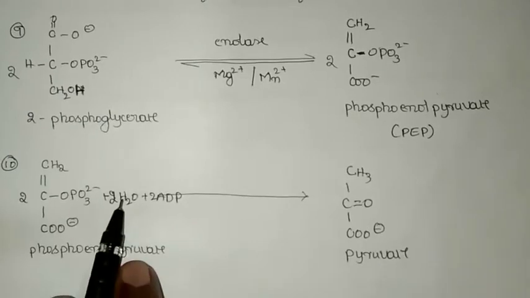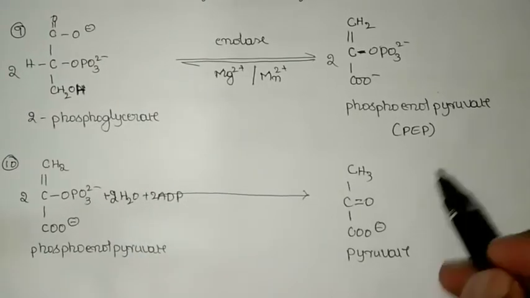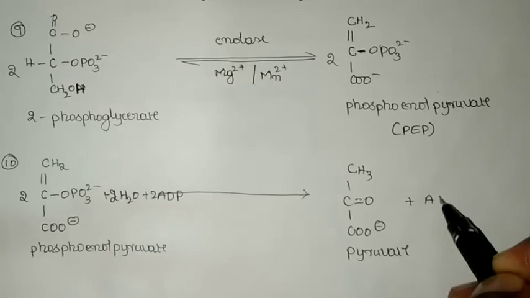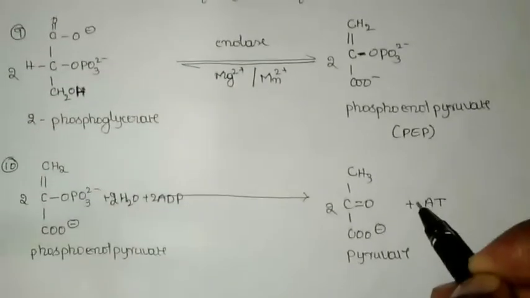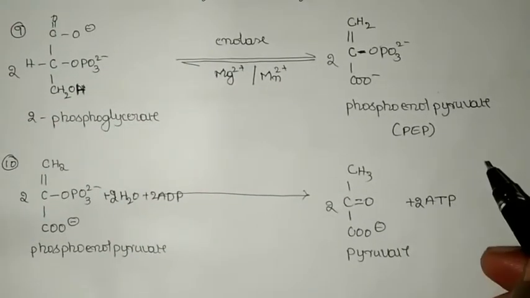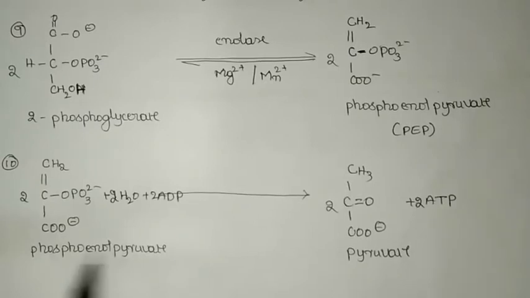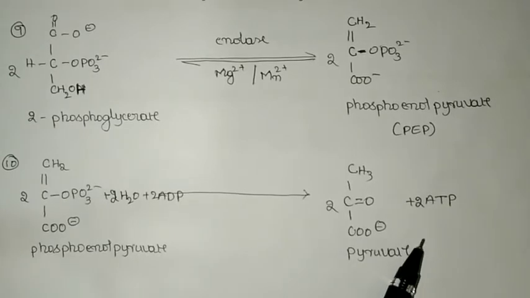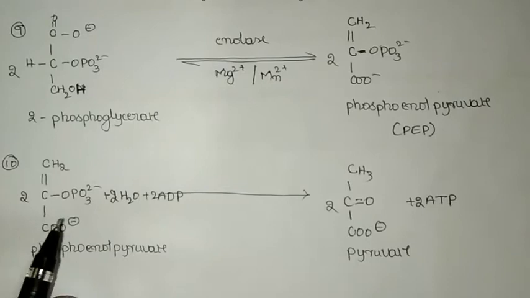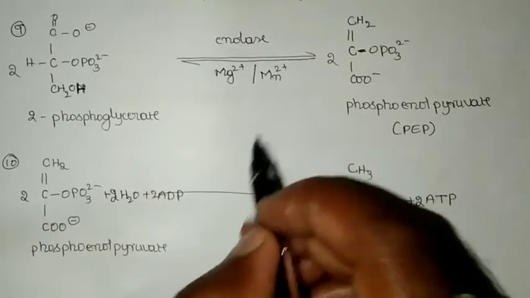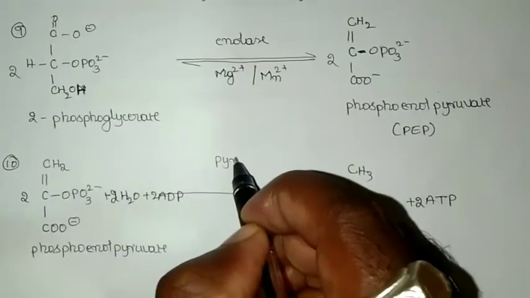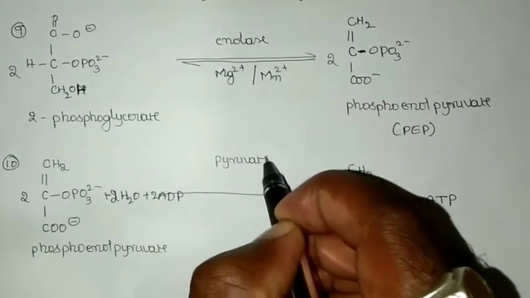Here ADP will receive the phosphate unit, and that results in the formation of 2 molecules of ATP. So this is the 10th reaction, and the enzyme that takes part in the conversion of phosphoenol pyruvate into pyruvate is pyruvate kinase.